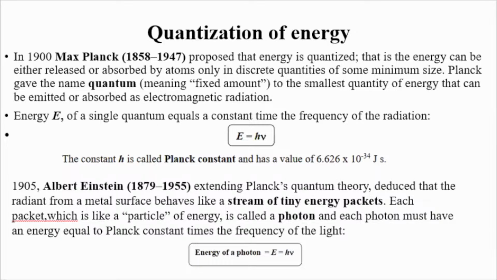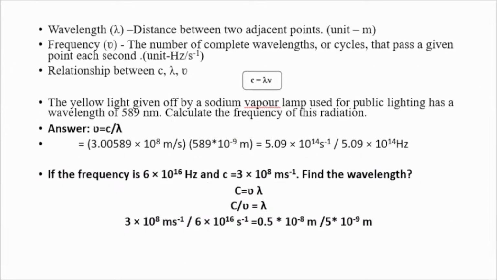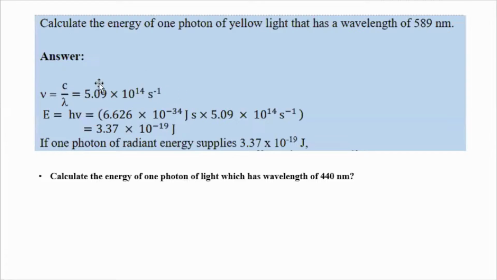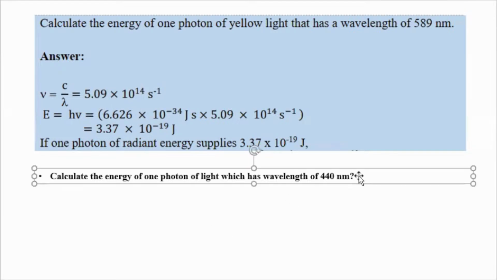So we know there was a prior equation, C is equal to mu lambda. From this equation you can find the frequency first. Then if we substitute the frequency into E equals h nu, we get the value. In this way I did this calculation and got the answer.